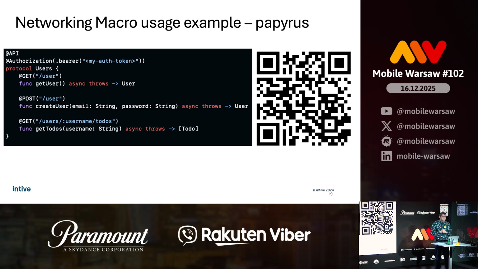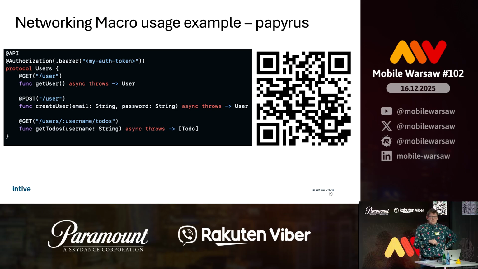When I worked with Node.js code a few years ago, we handled requests with decorators which look the same as this. And now, if you attach Papyrus or another networking Swift macro, or if you wrote your own one, you could handle your calls in that way.